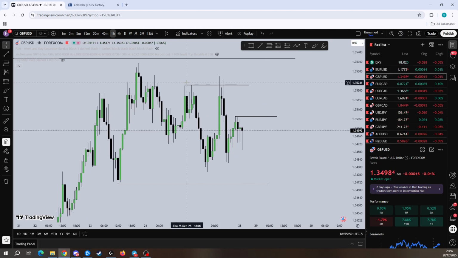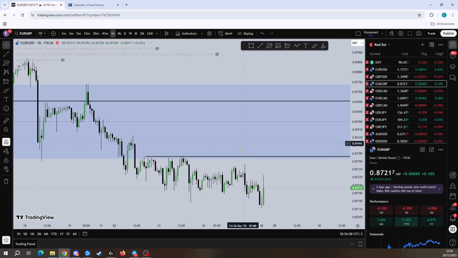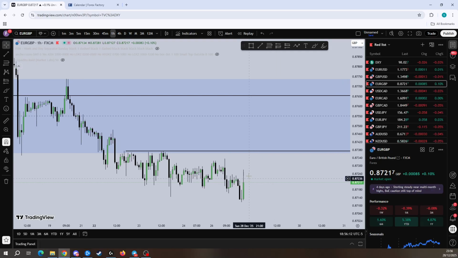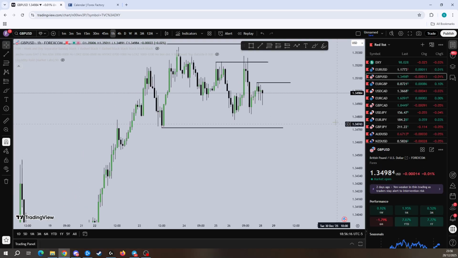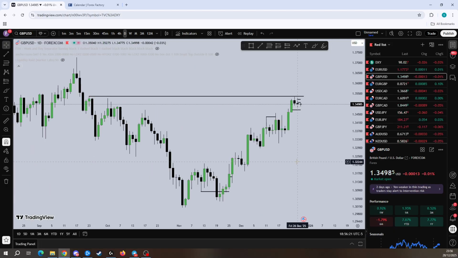So I would watch for both pairs and just monitor euro pound and see which pair is the weaker or stronger pair on an intraday basis. But yeah, if euro gives that retracement, then euro would be the stronger and pound could be the weaker pair. So pound could be the better pair for shorts. Just something to keep in mind.